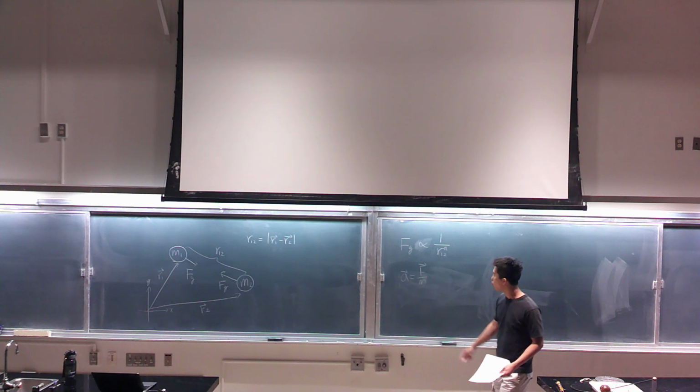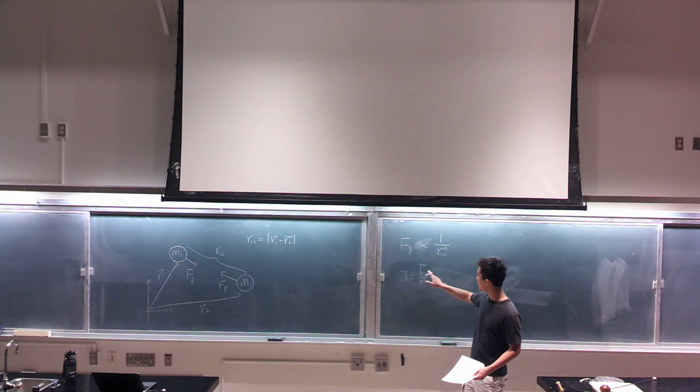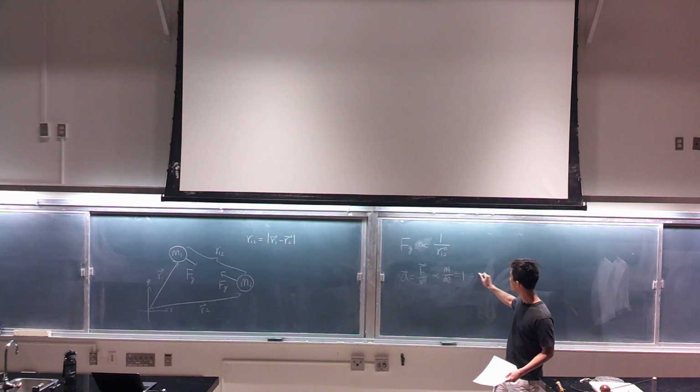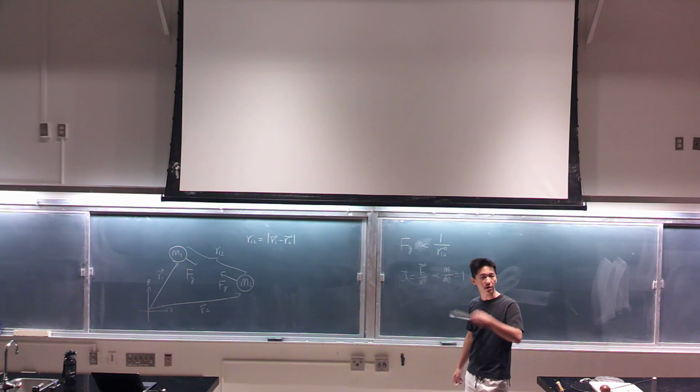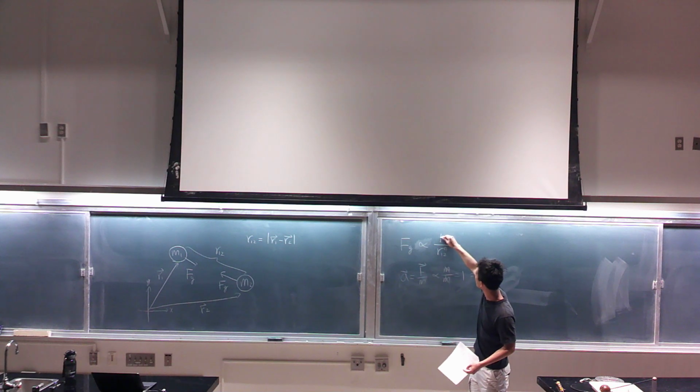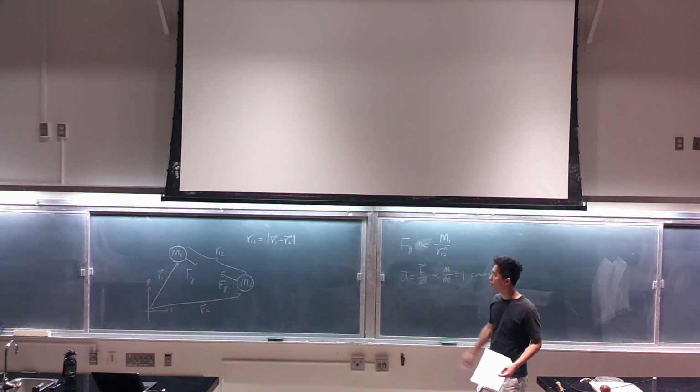Therefore, if we want this to be independent of mass, then the force must be proportional to the mass of the particle itself, so that the mass can cancel, and the acceleration on an object will be a constant no matter how massive that object is. Therefore, we know that gravity should also be proportional to the mass of one of the particles.